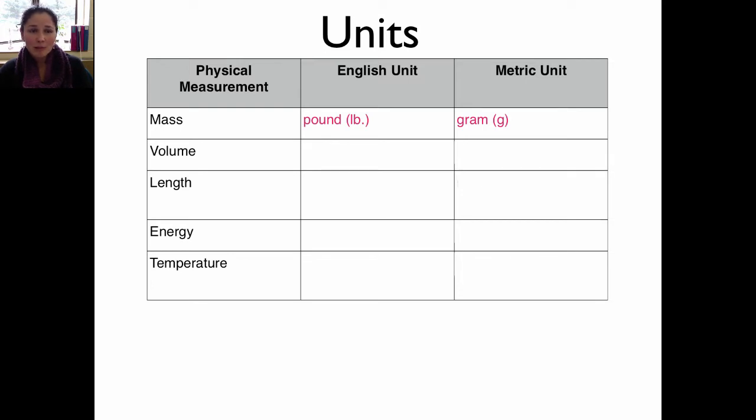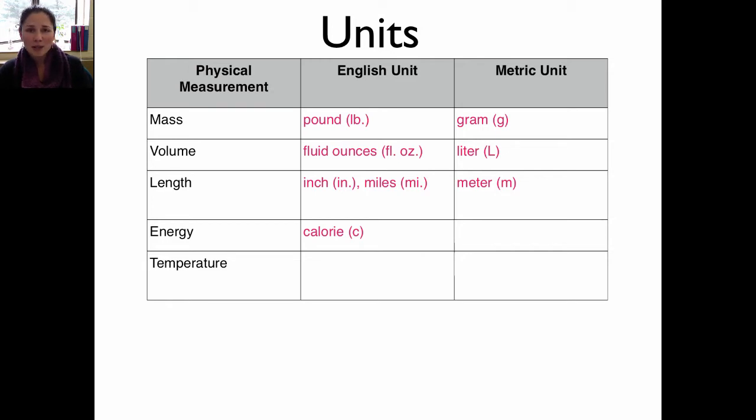For volume, we measure things in fluid ounces in the English system, and in the metric system, we use liters. Length is measured either in inches or miles, and in the metric system, a meter is used. Energy in the English unit is called the calorie, and notice it has a lowercase c.